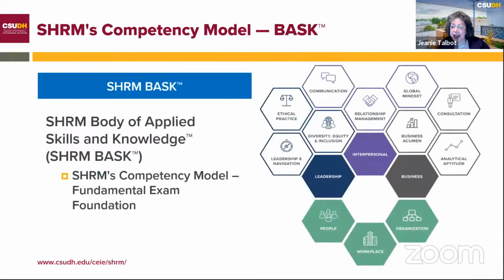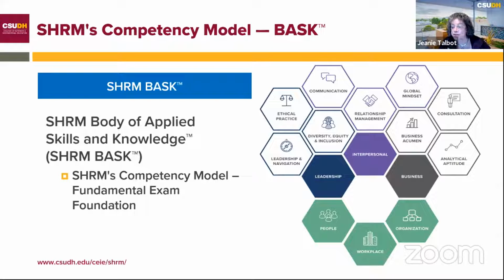The SHRM CP and SHRM SCP certifications signify mastery of the HR competencies and knowledge that are defined in the SHRM body of applied skills and knowledge, the SHRM BASK. The SHRM body of applied skills and knowledge represents the evolution of the SHRM competency model by further defining the knowledge areas in addition to the behavioral competencies.